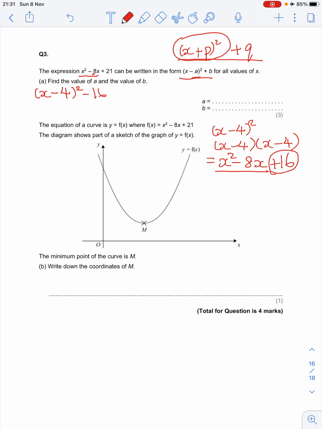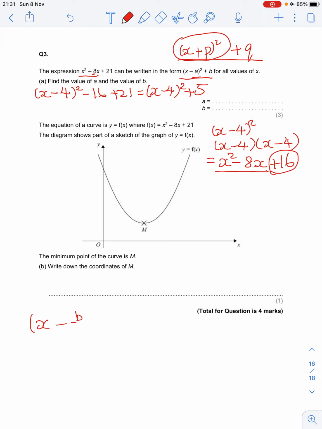So we need to minus 16, then plus 21. Then this is equal to x minus 4 squared plus 5.